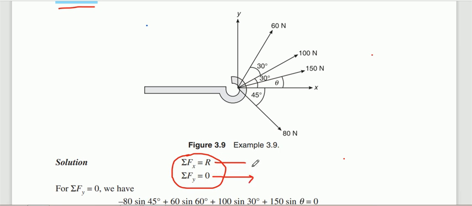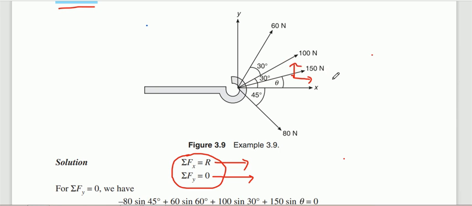Just apply this condition and find out the unknowns. That's it. Now you can see here all the forces are inclined. Just concentrate here, that is components. What is the horizontal component of 150 here? Just tell me the value.